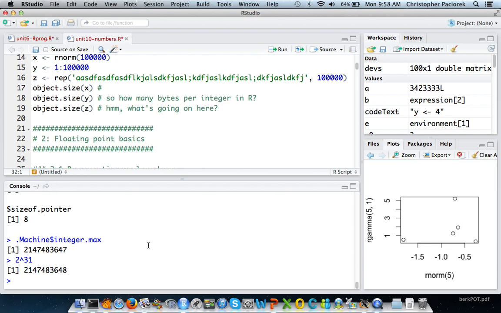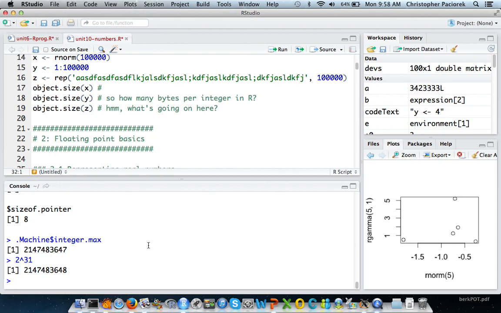So remember when we were thinking about 2-byte values, we said we can go between plus or minus 32,767. If I had 32 here, that would be 4 bytes. Half of those are going to be allocated to the negative part of the real line and half to the positive part of the real line. That's why I'm doing 2 to the 31st instead of 2 to the 32nd.